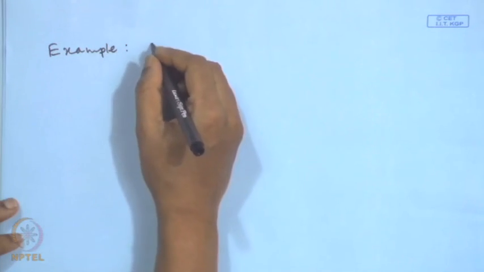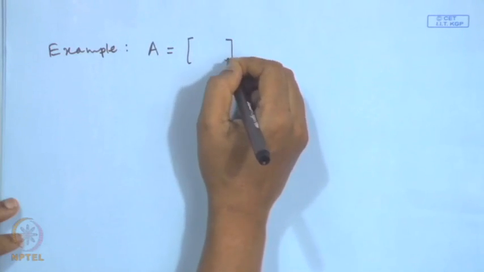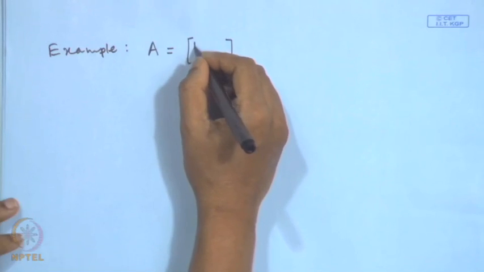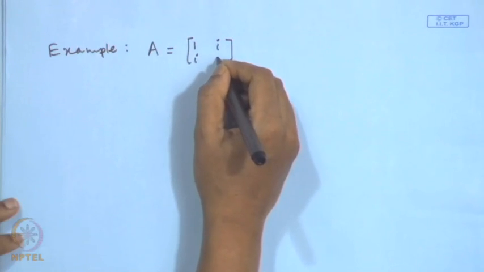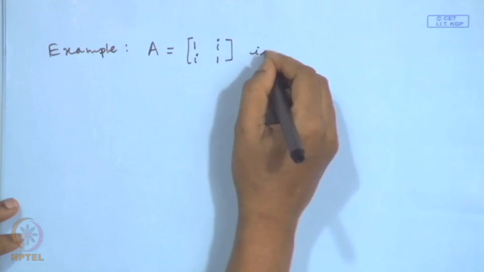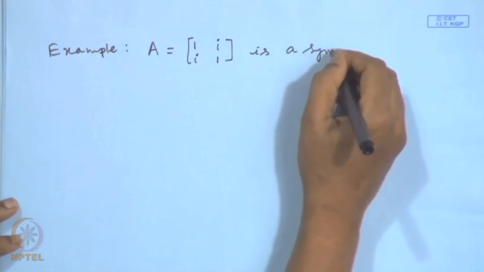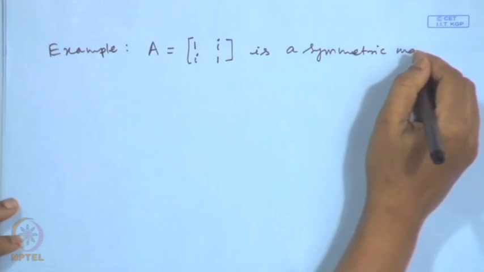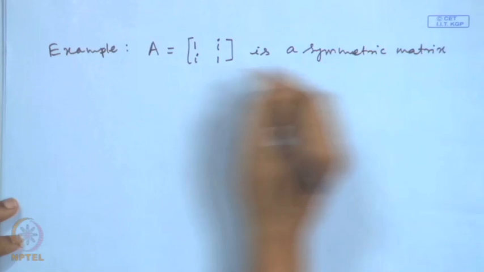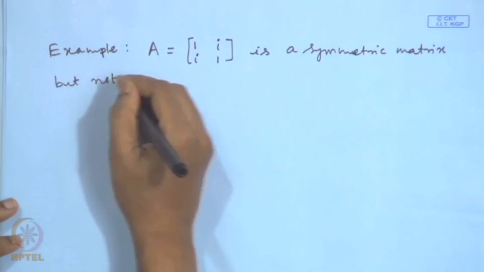So, let us see one example: this matrix A with entries 1, i, i, 1 is a symmetric matrix, but not Hermitian.